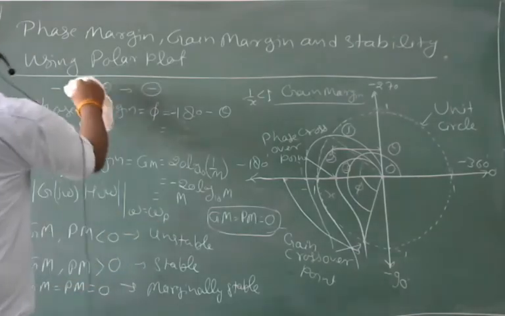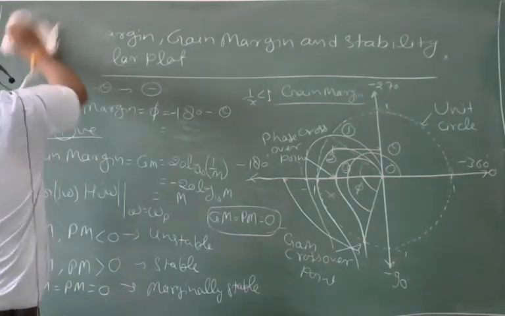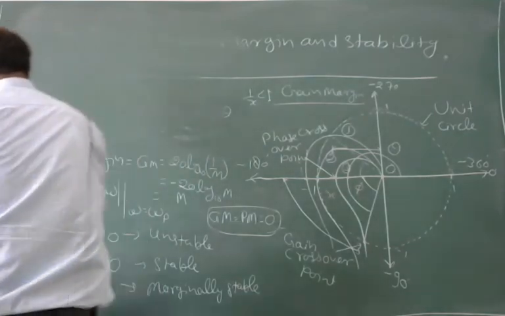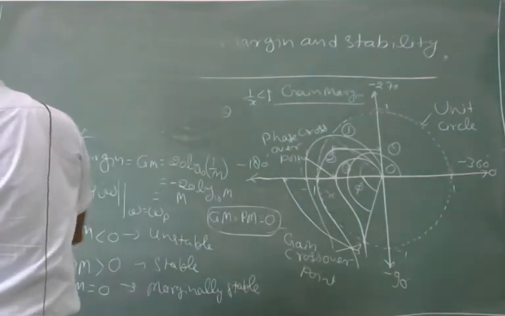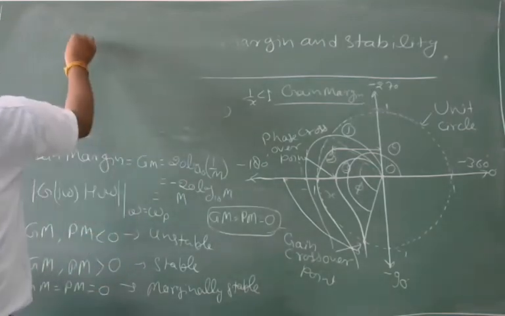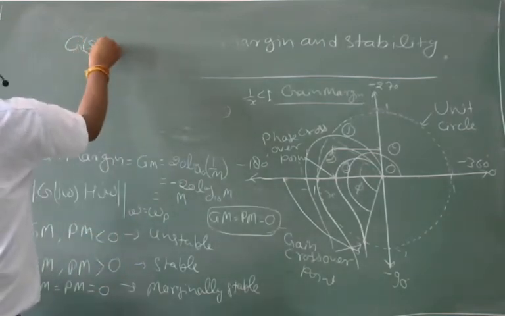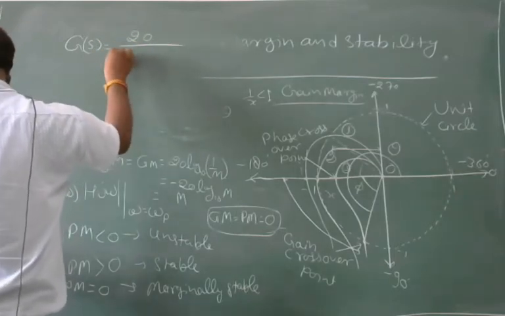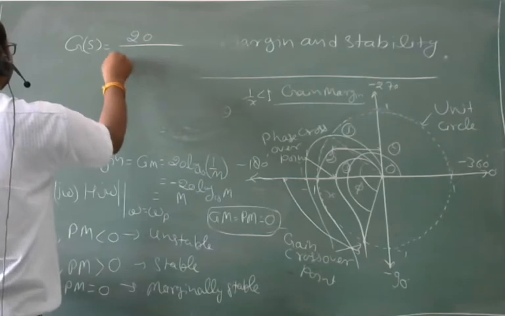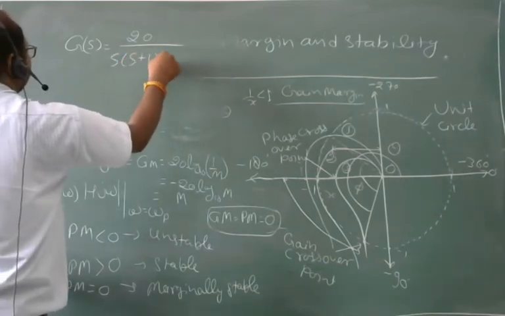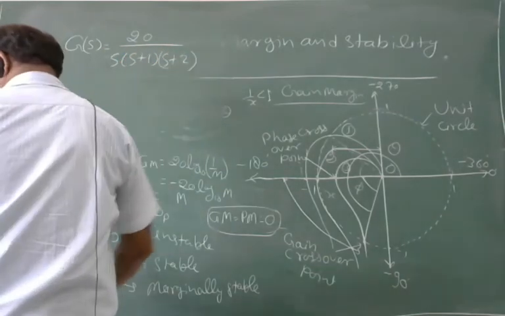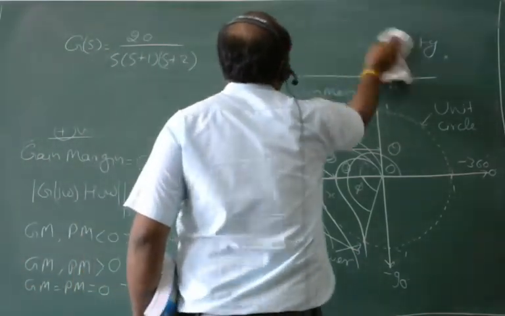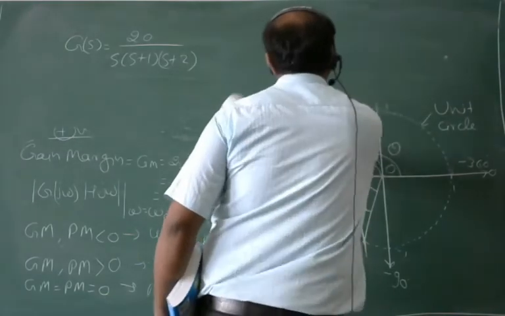Let's take an example of a system: G(s) is equal to 20 divided by (s plus 1)(s plus 2).